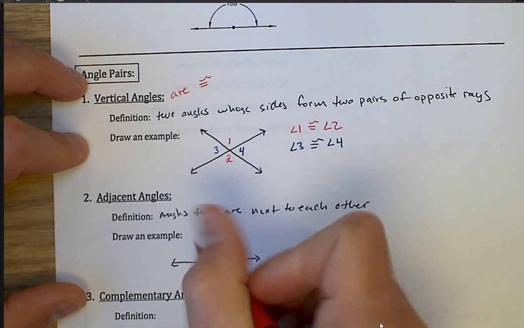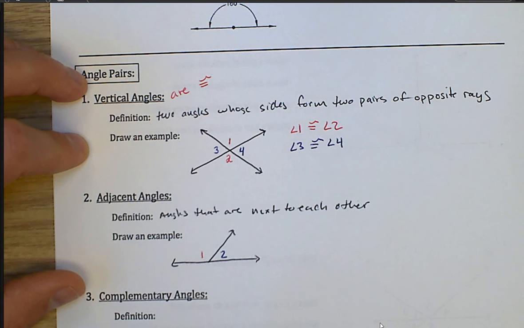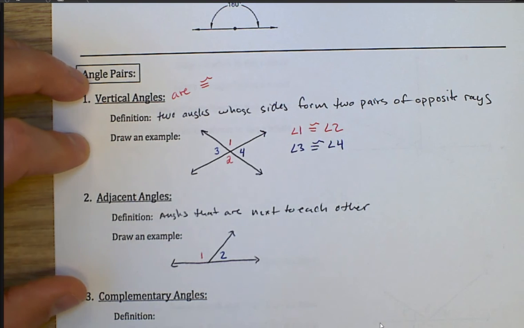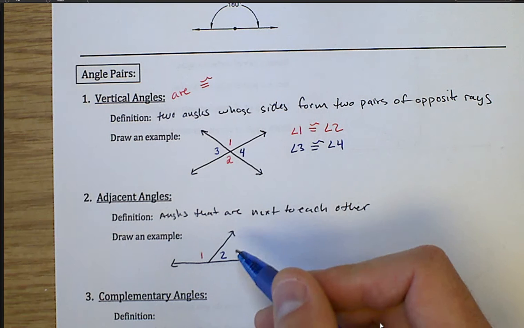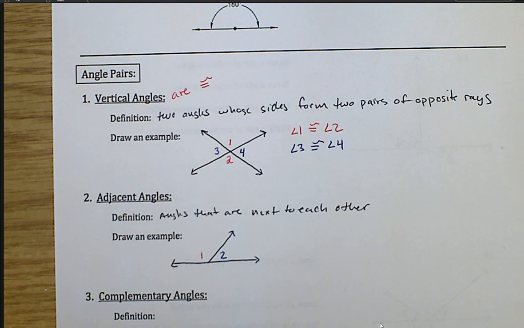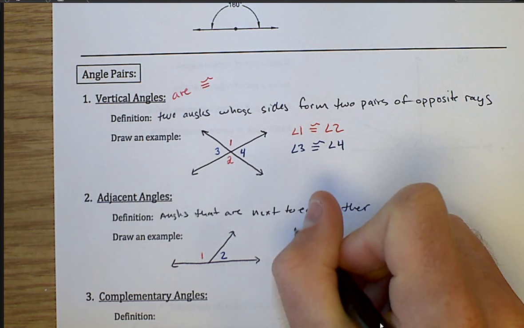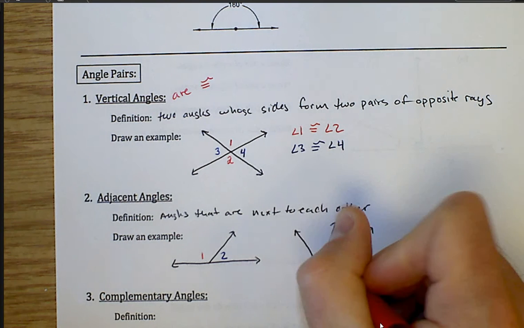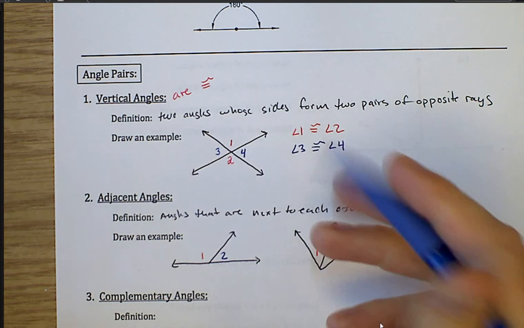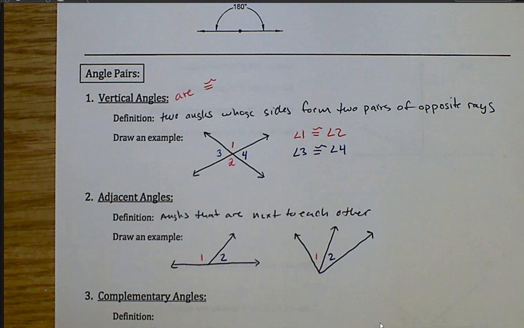Okay, I'll put angle 1 and angle 2. Angle 1 and angle 2 are adjacent to each other. They share this ray right here. So we would call those adjacent to each other. I can do something like this also. So 1 and 2 would be considered adjacent angles. They're just next to each other.